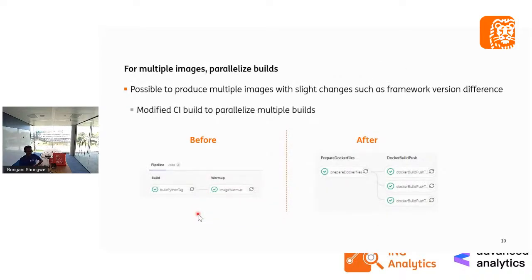Now, one thing we also did was to ensure that we parallelize our builds. For our images, we initially had two sets of images: a Python 3.6 image and a Python 3.7 image. And within our CI/CD, we only had one job, which was executing this whole build step.